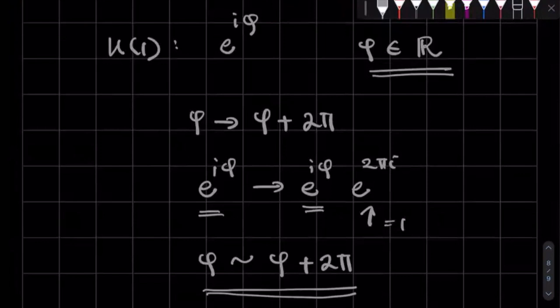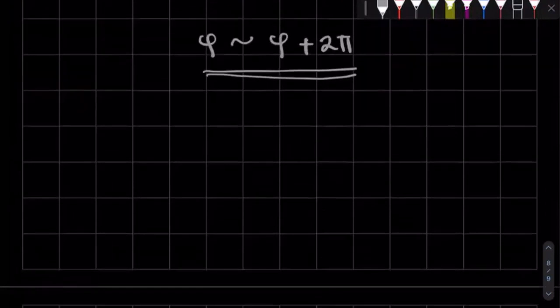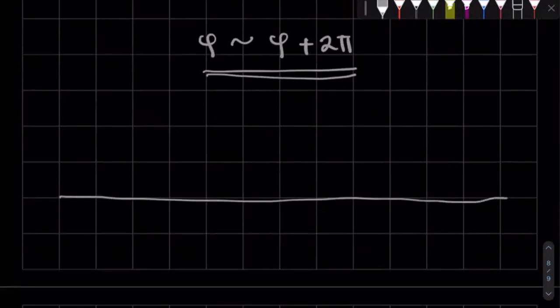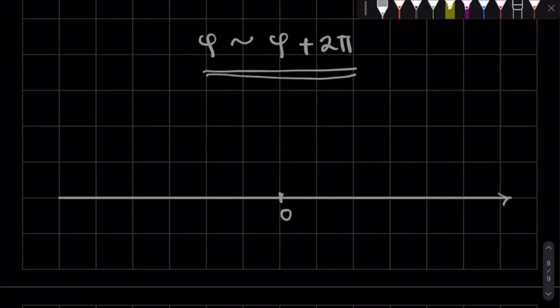Yes. So let's look at it geometrically. So this is, say, R. This is the origin. And as we come to 2 pi, we say that 2 pi is, I'm going to call it the same point as 0. And if I had gone to, say, 4 pi, that would also be equal to 0 or 2 pi.